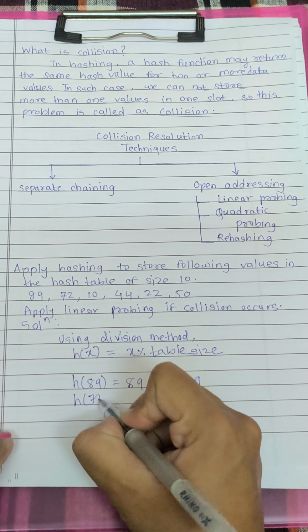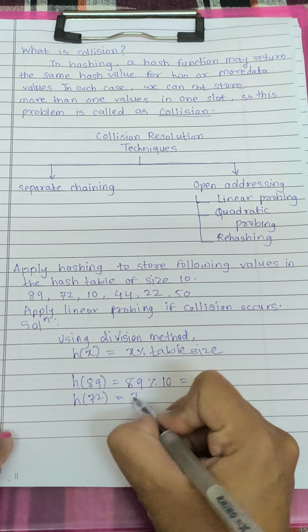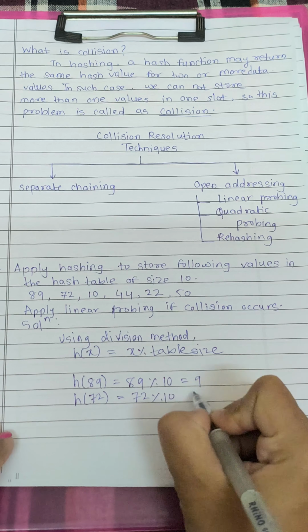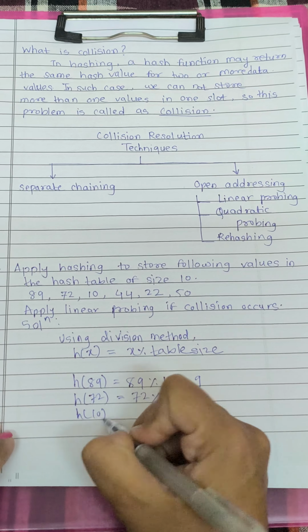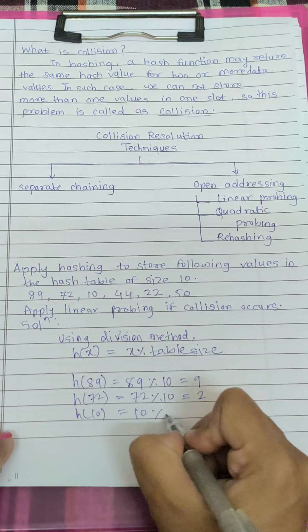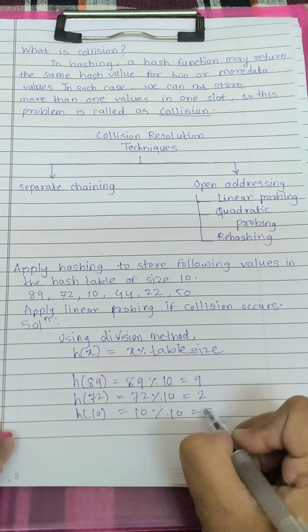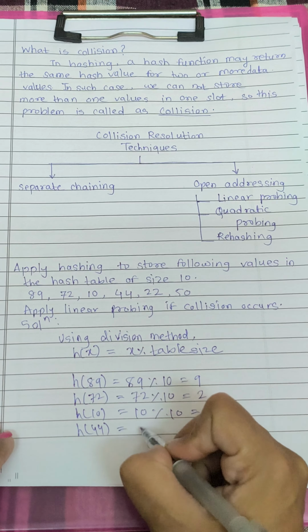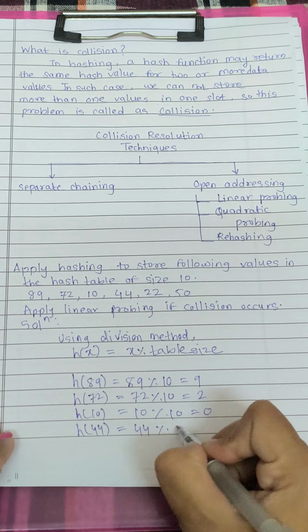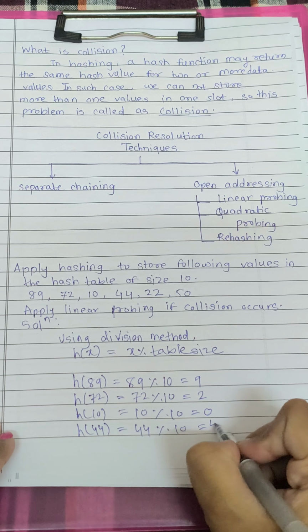Moving to the next value, h of 72: 72 mod 10 gives me value 2. h of 10: 10 mod 10 gives me value 0. h of 44: 44 mod 10 gives me value 4.